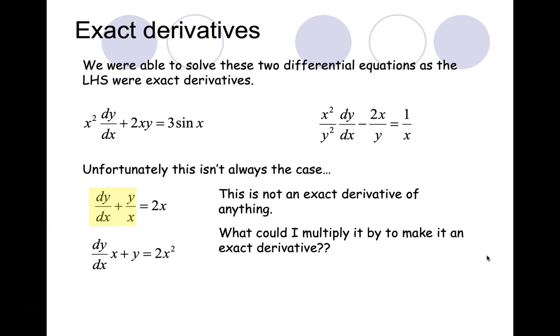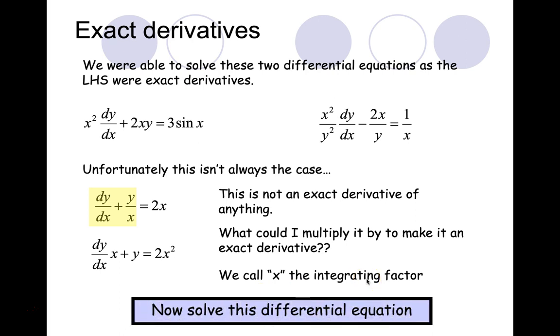Maybe x. Yes, if you multiply all through by x, you will have something like this. On the left hand side, you have x times dy on dx plus y times dx on dx, which is 1, and that will give you that left hand side. So after expressing it as the derivative of xy, we can then solve that.